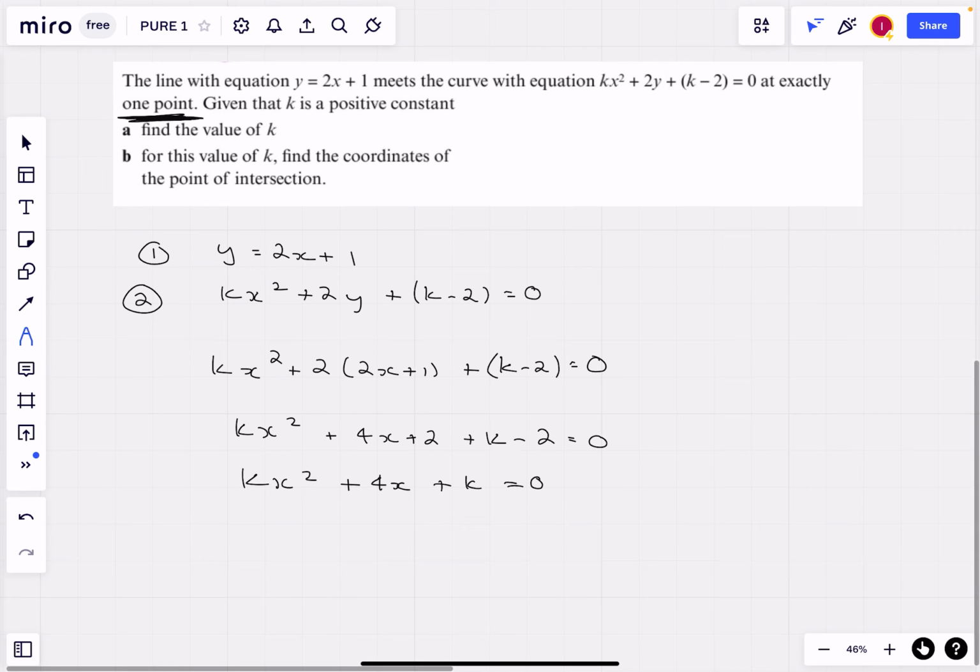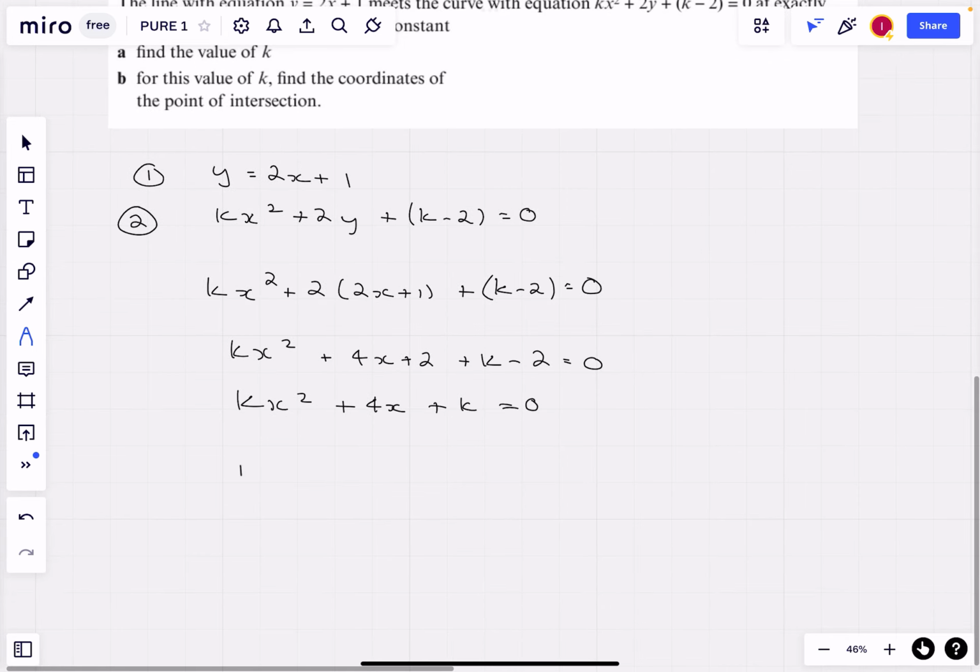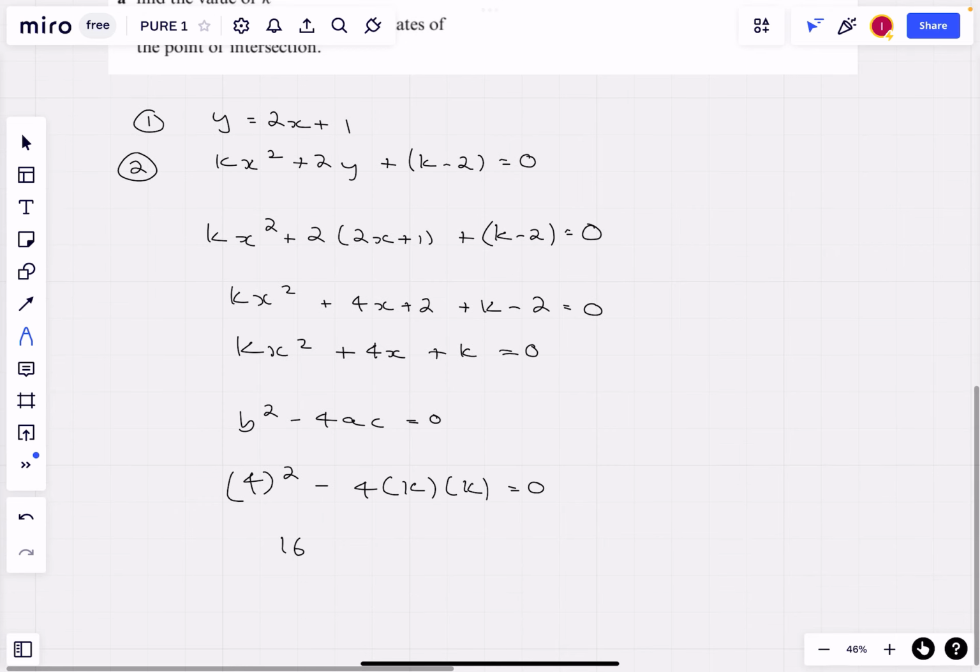We've got our quadratic. We use b squared minus 4ac and we make it equal to 0. When we make it equal to 0 and we substitute our values in, we get something like this. So 16 minus 4k squared is equal to 0.